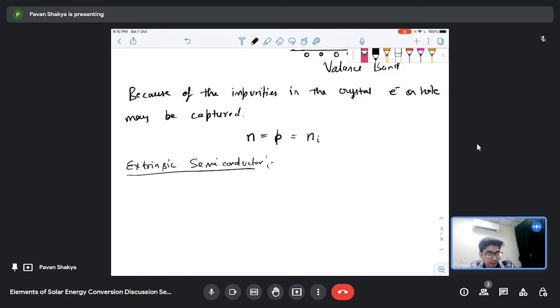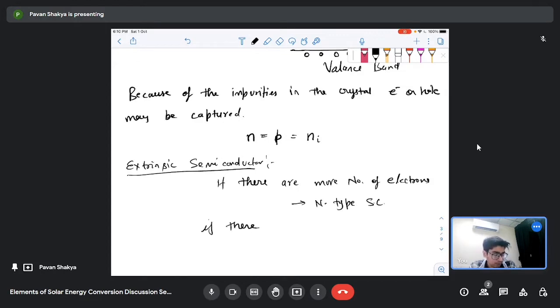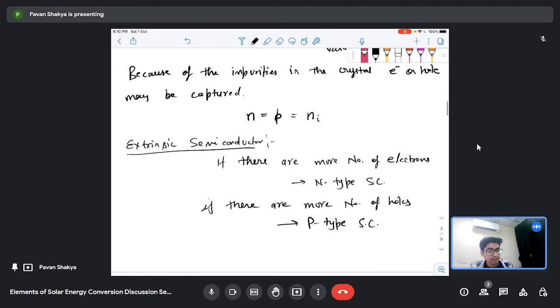The first one: if there are more electrons, then it is called the n-type semiconductor. And if there are more holes, then it is called the p-type semiconductor. So first I will discuss the n-type semiconductor.